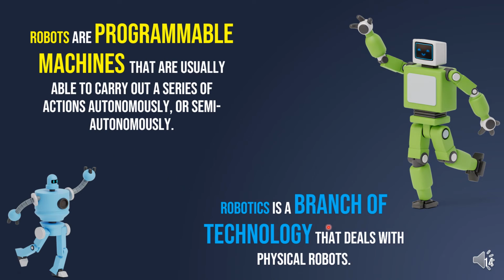Meanwhile, robotics is a branch of technology that deals with physical robots. Therefore, from both definitions, we can conclude that robot is a machine, but robotics is a technology.